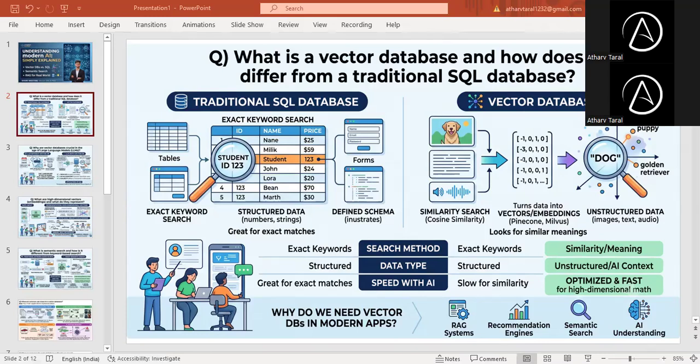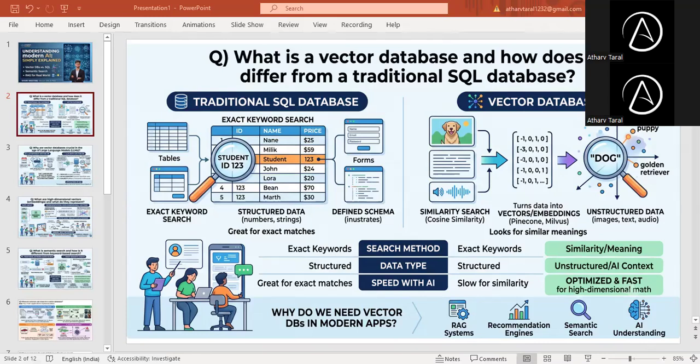Okay. So, data types: SQL is for structured data, numbers and strings, while vector databases are built on unstructured data, images, sensors, logs, and content. With AI, if you try to do similarity search in SQL, it would be very slow. A vector database is optimized to handle high dimensional math very quickly.